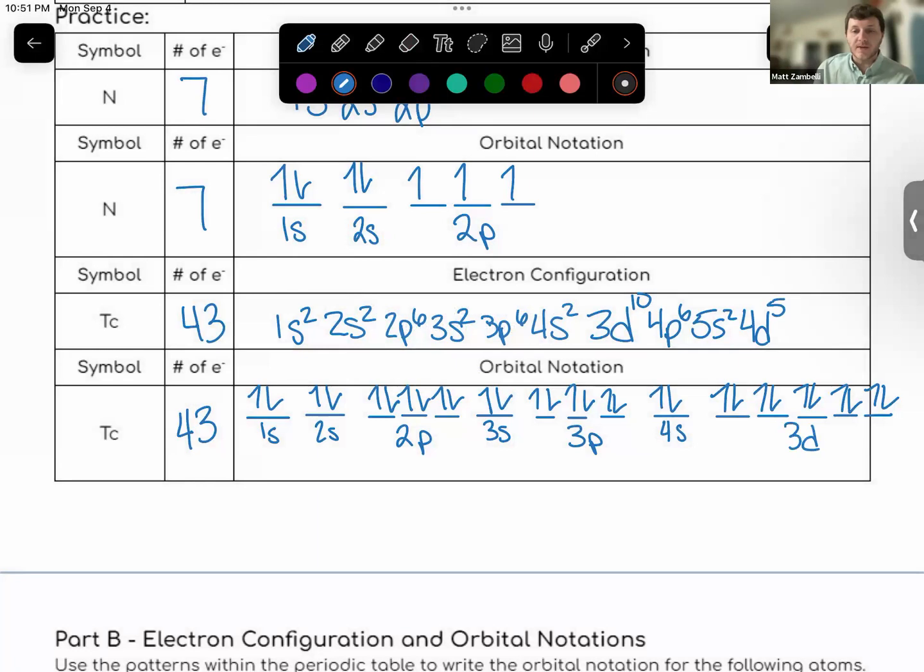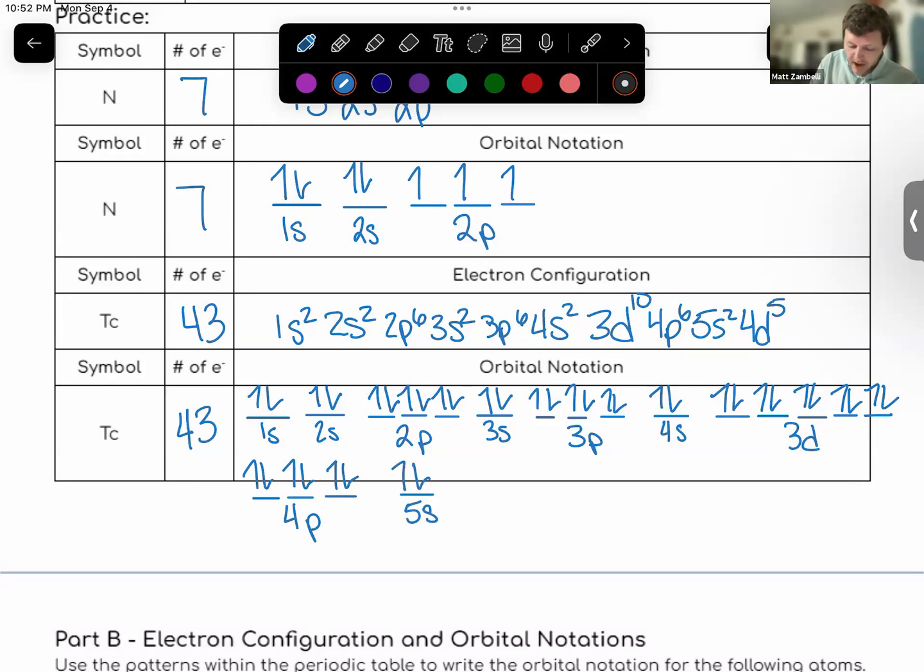Now I'm running out of room, so I'm going to go down below to get to my 4p. 4p6, that means I need 3 lines for 4p. And we go 1, 2, 3, 4, 5, 6. And then we go to 5s2, 1, 2.